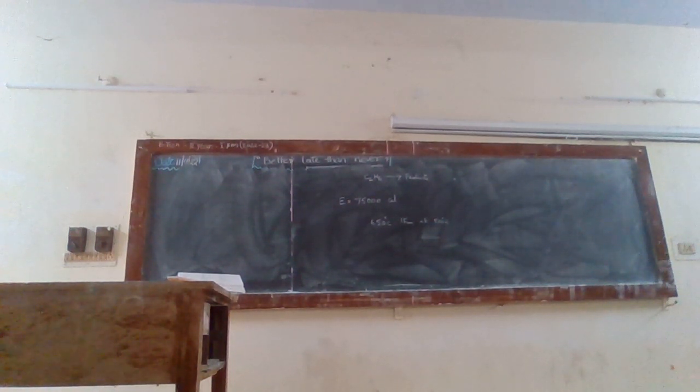Substitute: T1 is 650 plus 273, T2 is 500 plus 273. You know R, substitute, get K2 by K1 or R2 by R1.